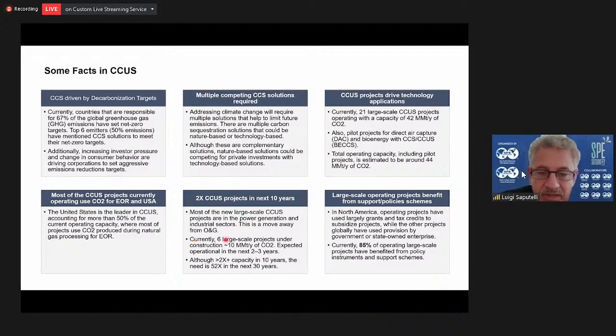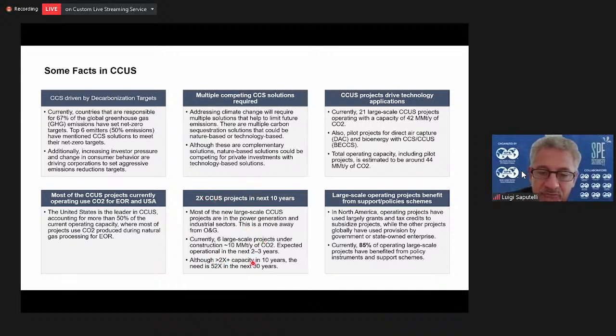Currently, 6 large-scale projects are under construction, which will add 10 million tons per year, expected to be operational in the next 2-3 years, so we will go from 42 to 52. And we're going to reach, as we say, 2 times more in the next 10 years.